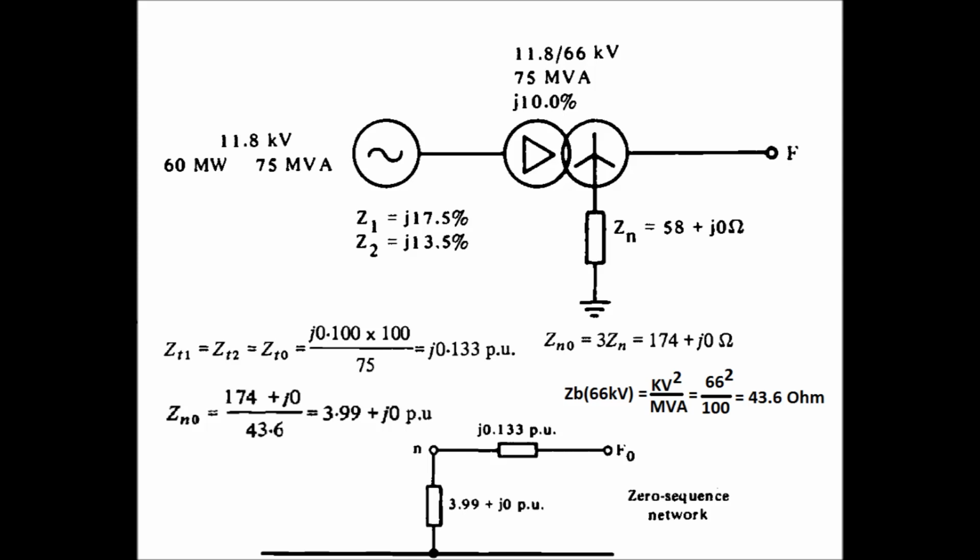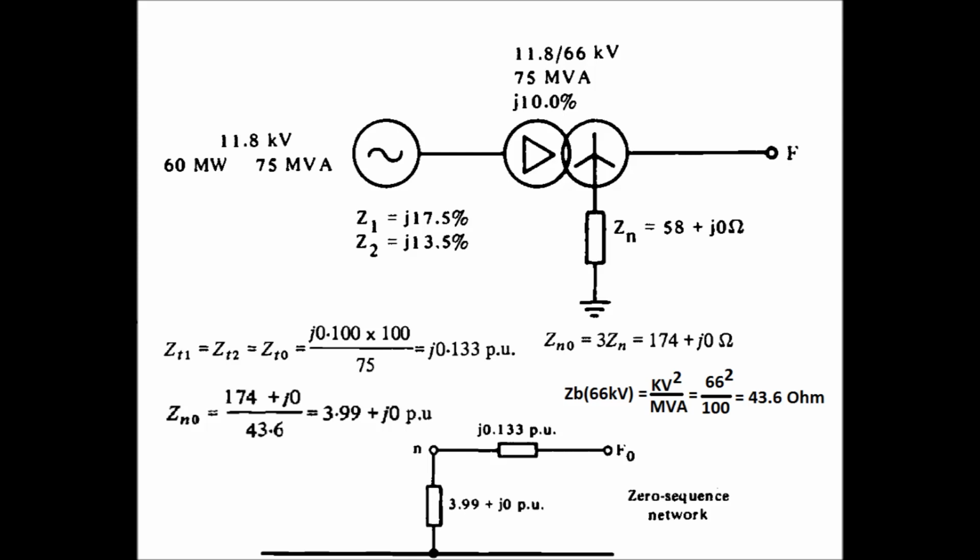Now, since it is a delta-star connected transformer and the star point is grounded, if any earth fault occurs in the star side of the transformer, this earth fault current will flow in the star side and also in the delta connected winding, but it will not flow in the line side of the delta side of the transformer.